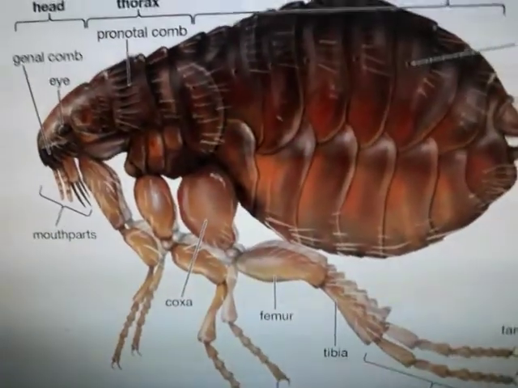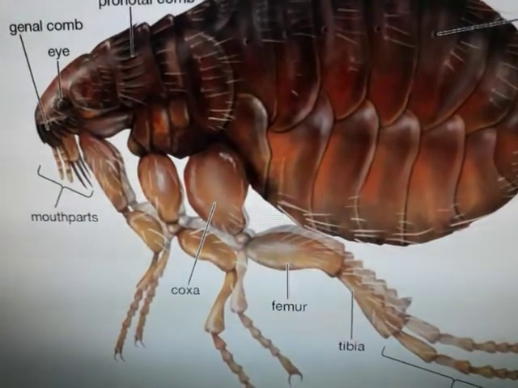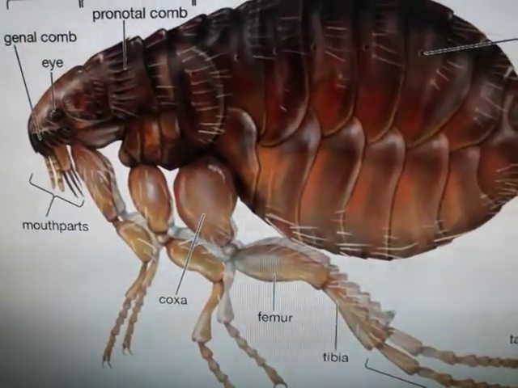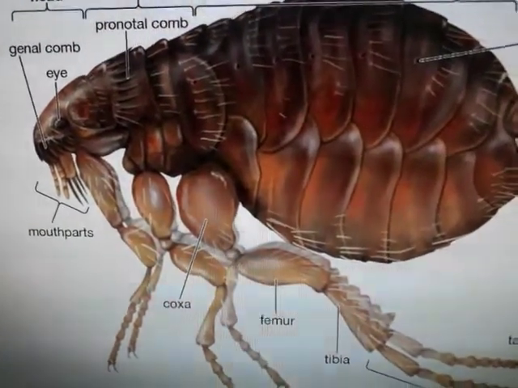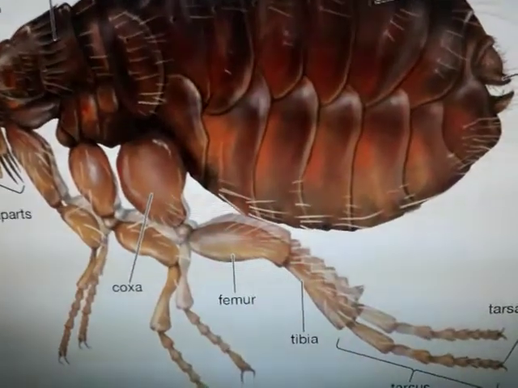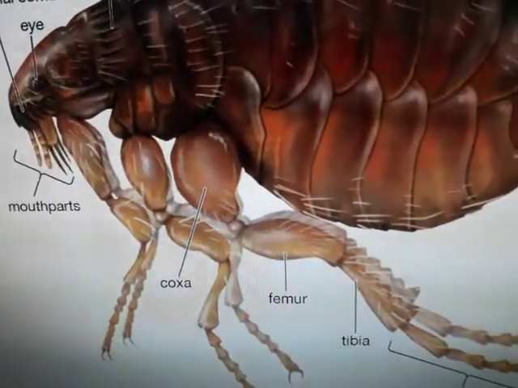In appearance, the fleas are secondarily apterous, meaning without wings, laterally compressed, with a highly sclerotized integument.